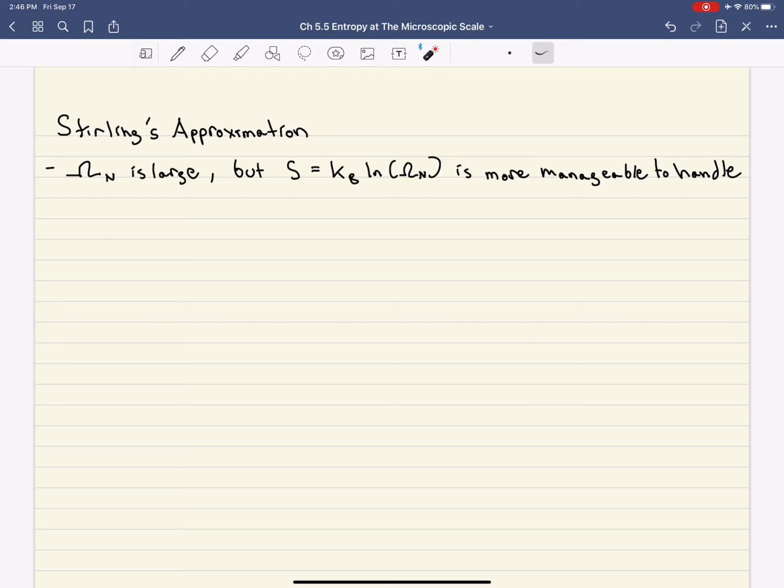And so what we're going to do is take the multiplicity formula we derived for an ideal gas, and plug it into this definition for entropy.